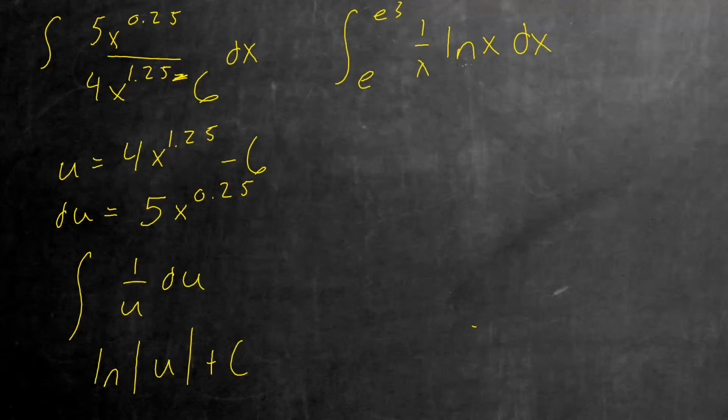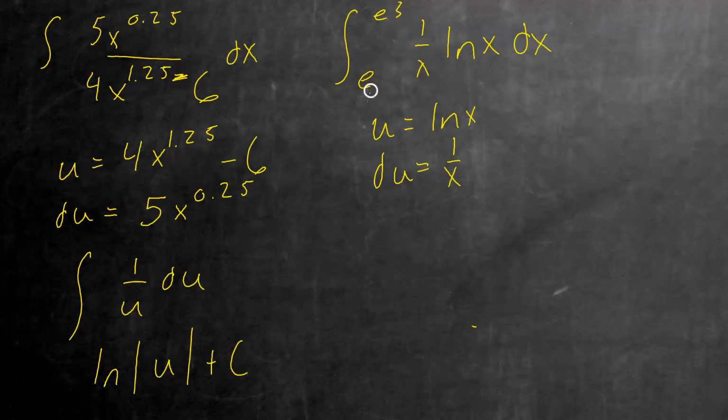So we've got kind of two options. u could be 1 over x, or u could be the natural log of x. If we know our derivatives, we know that the derivative of the natural log is this guy. So u is the natural log of x, du is 1 over x, which is, again, quite convenient.